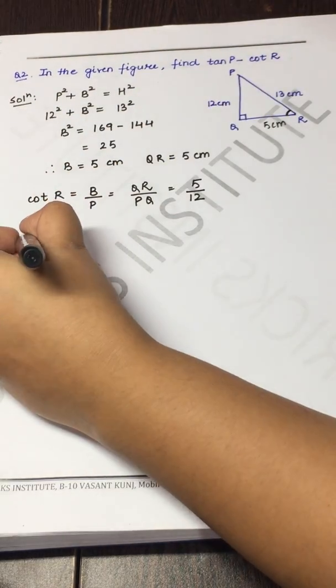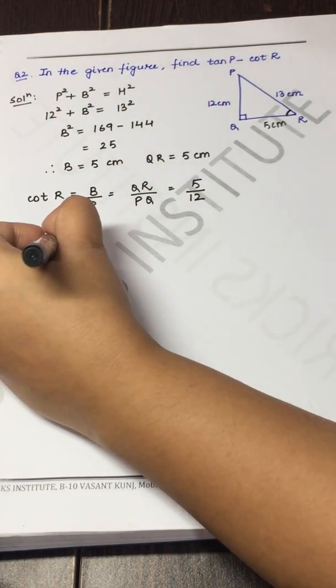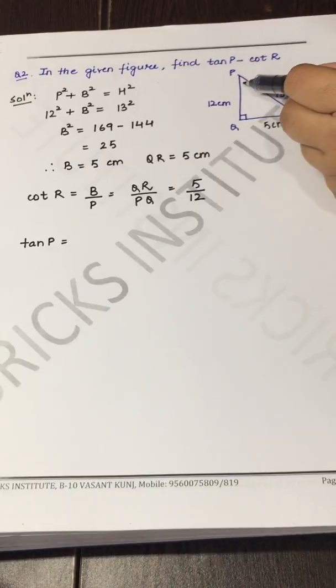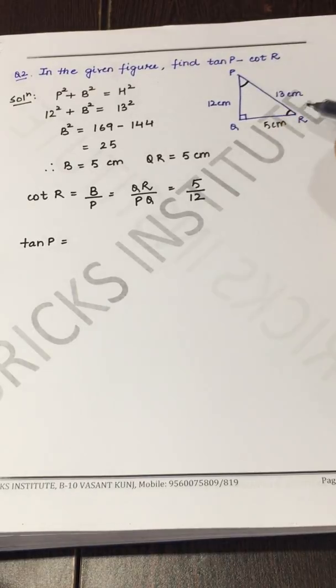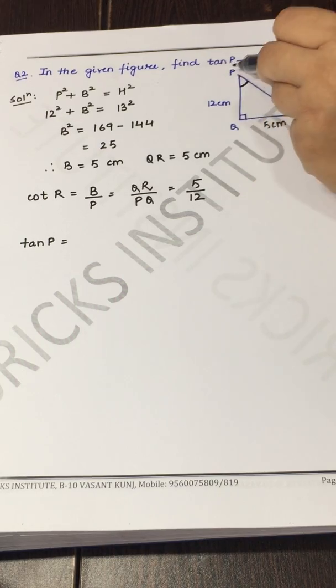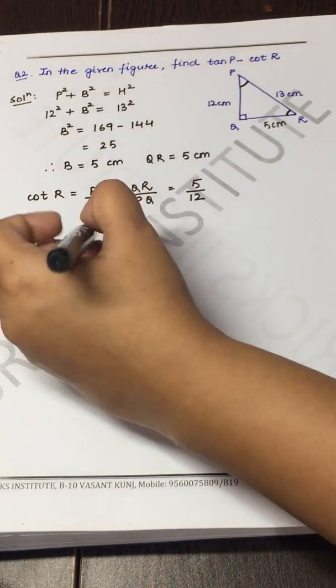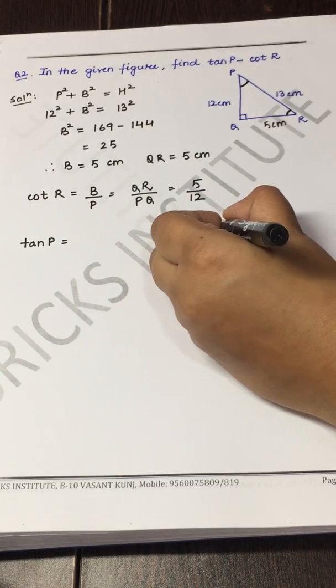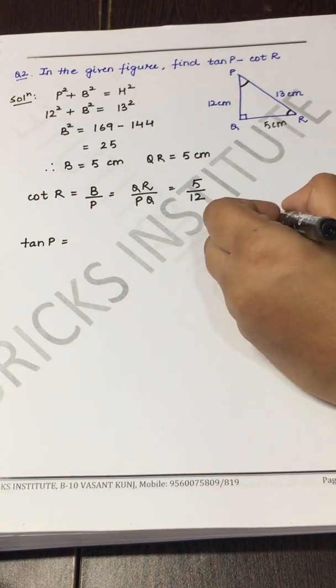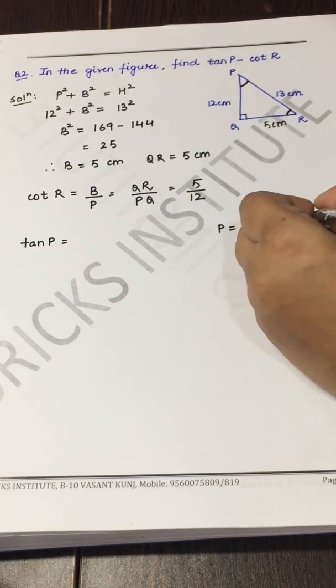Now we need tan P. When we calculate the angle P, this becomes my perpendicular and this becomes the base. So perpendicular is 5 and base is 12.